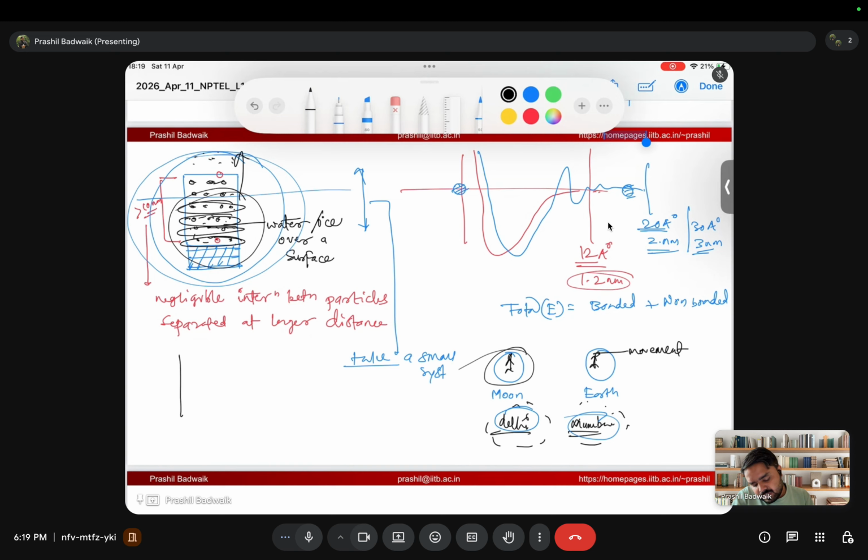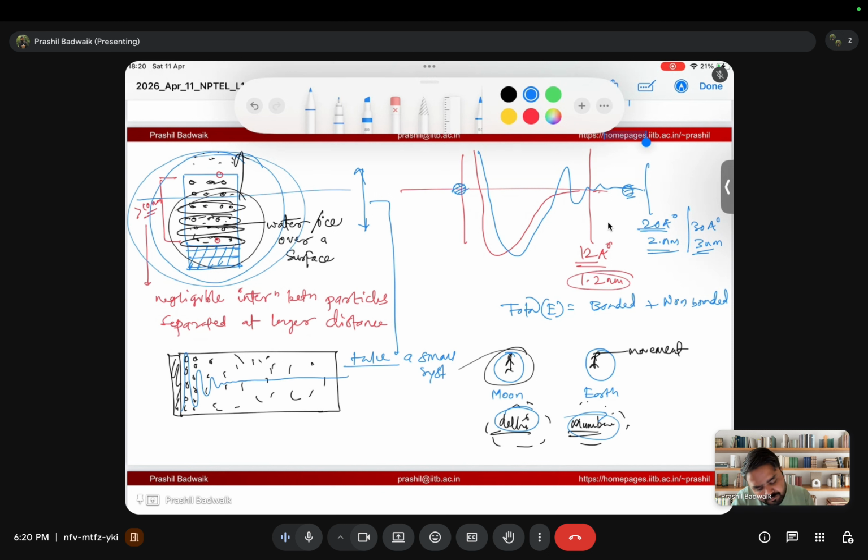So if I consider the system and plot it like this, horizontally, this is my surface. Some molecules are adsorbed over here. Then the system has a random arrangement. When you calculate the density of the molecules, you will see more and more molecules are placed over here, and beyond a certain distance it is almost constant.